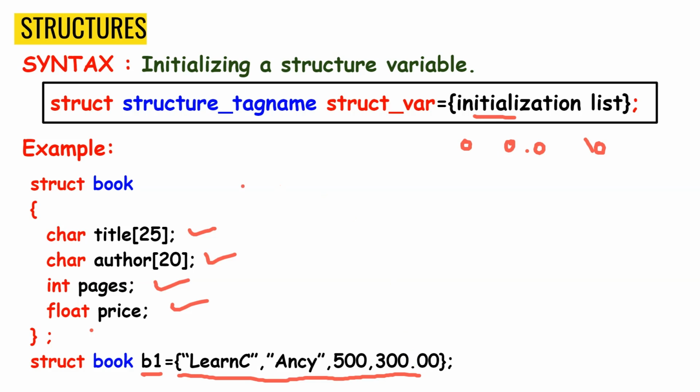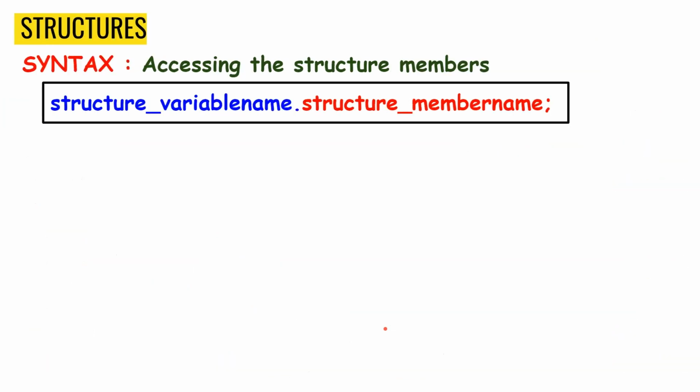You know that when we declare the variable B1, memory is allocated. When we initialize, the values get assigned to that memory. For example, for title, it will assign learn C. For author, it will assign and C. For pages, it will assign 500. For price, it will assign 300. So one-to-one mapping is done. This is how the values will be assigned to the structure members when we are initializing.